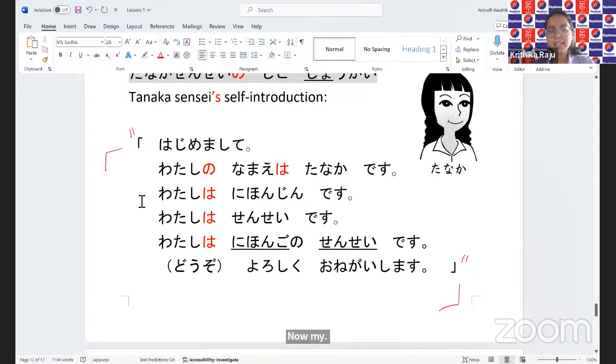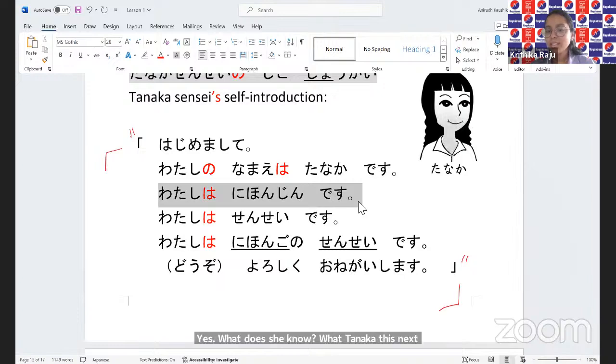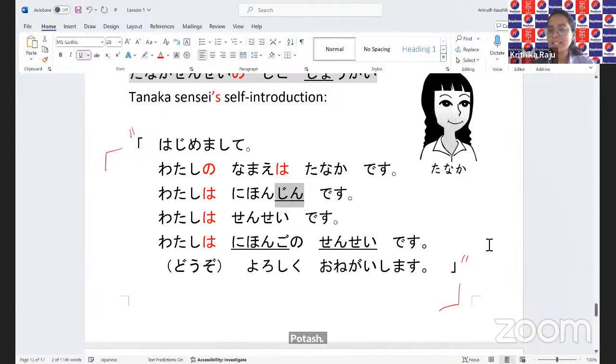Next sentence. Watashi wa Nihonjin desu. Okay, I hope you're able to understand these two sentences. Next sentence. Watashi wa sensei desu.